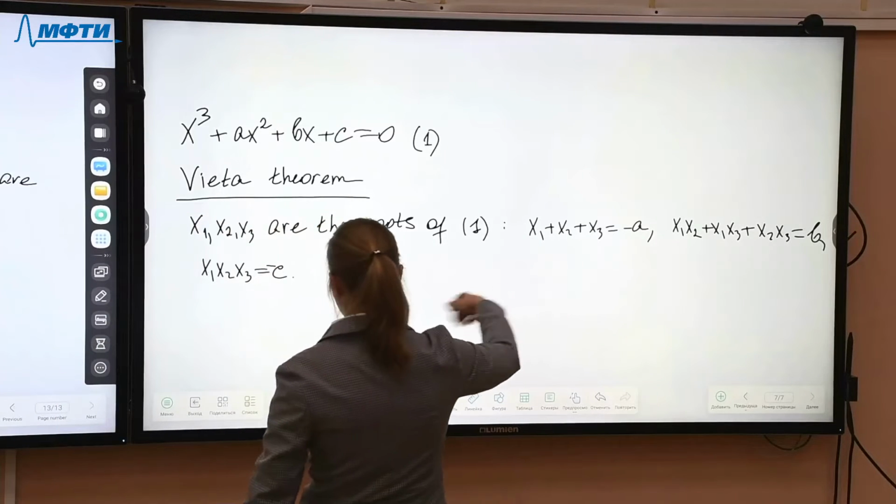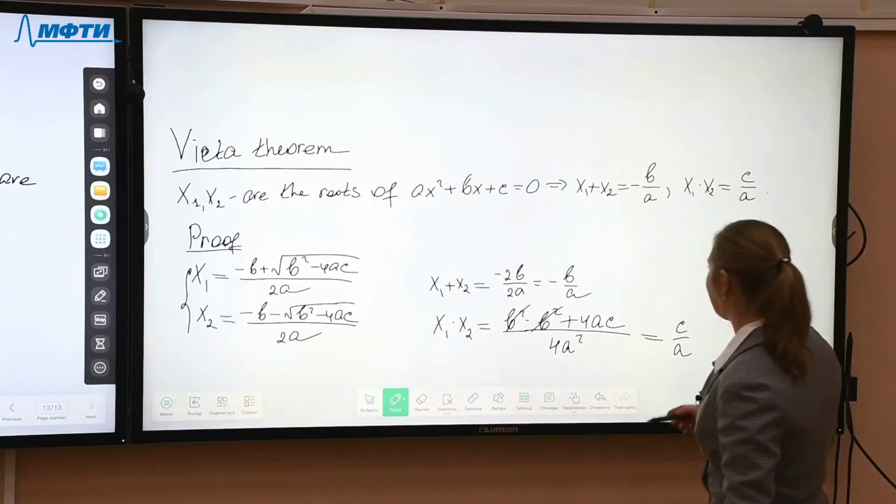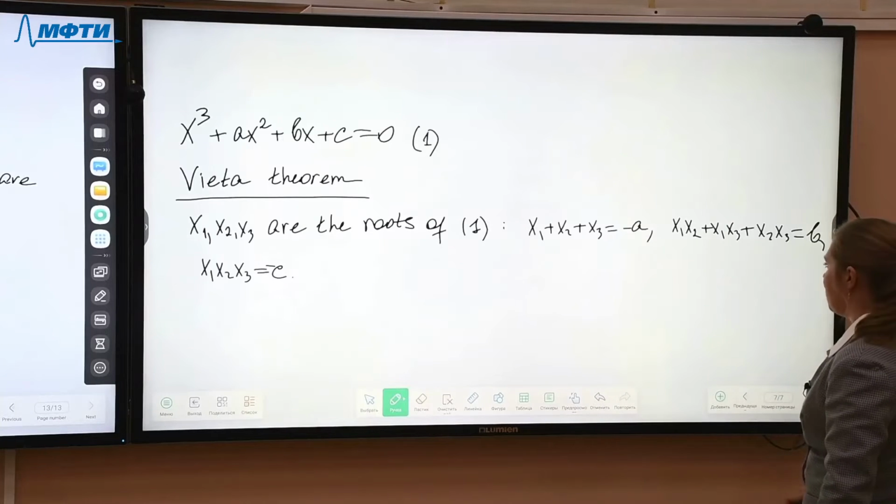So minus, plus, minus. In Vieta's theorem for the quadratic equation, we have minus, plus. So we change the sign.